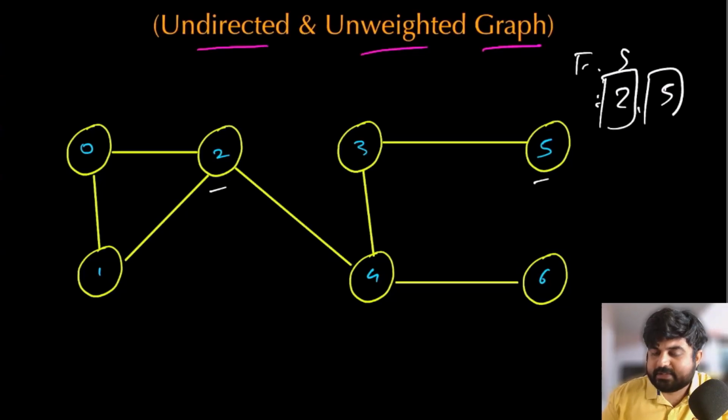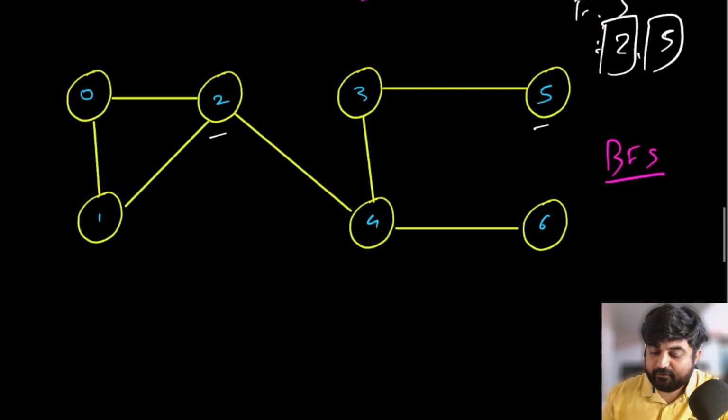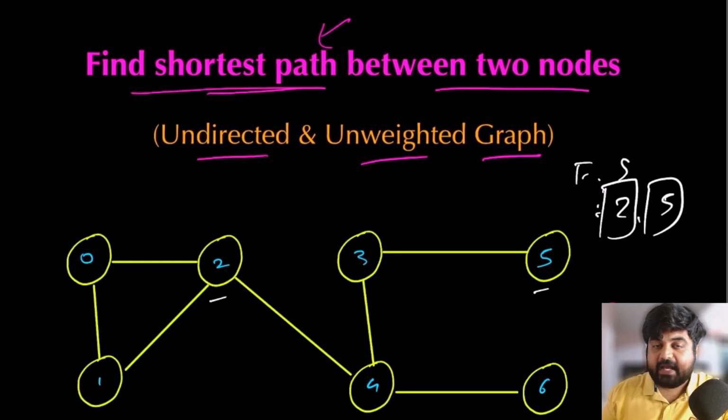So the quickest way to do it is that we already know that breadth first search is a great way to find the distance, to iterate over the given graph. Also, breadth first search can be a great way to find the path between any two nodes.